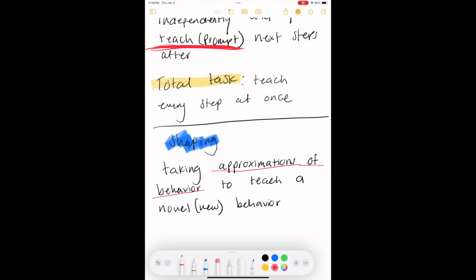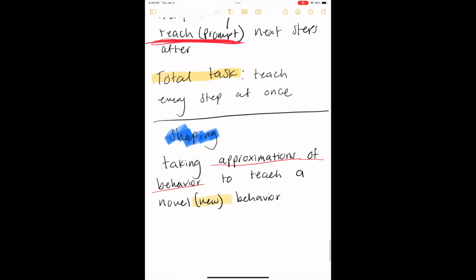An approximation of a behavior is a small form of a behavior. So it's a part of a behavior. That's what it is. So I'll write that down for you.